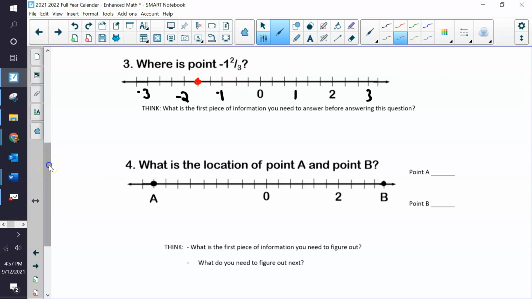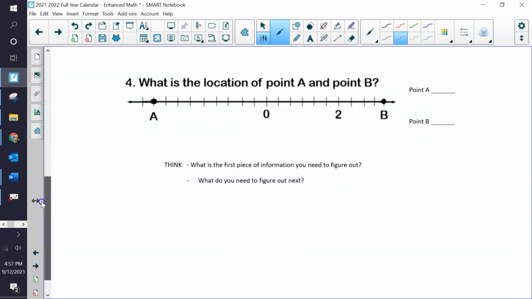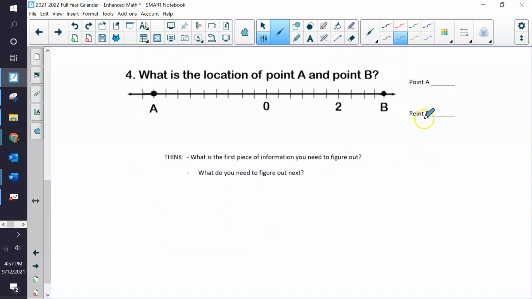And finally, number 4 is the last one right here, point A and point B. Where are these locations? So we follow the same questions. What is the first piece of information we need to figure out? Where is number 1? That's what I need to first figure out. And then we need to figure out, what are we counting by?